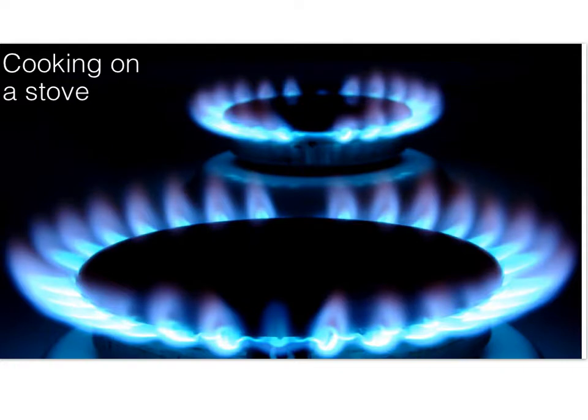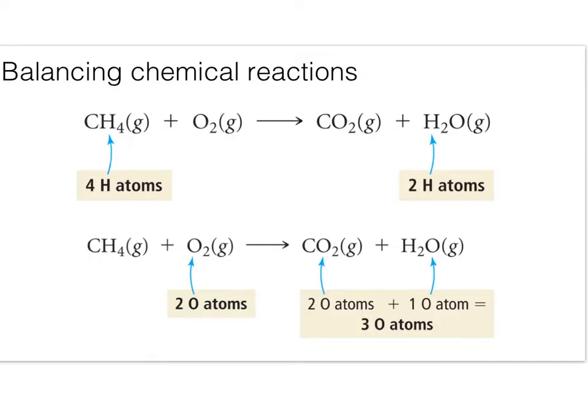Okay, so let's do an example of a chemical reaction. This is maybe something that you might get to do this evening if you're cooking on a gas-fueled stove, and you'll see these flames occur. So what is the chemical transformation that we're doing here? When we refer to gas, we're typically talking about natural gas, and natural gas is methane, that's CH4. And when we're burning something, we're talking about a combustion reaction.